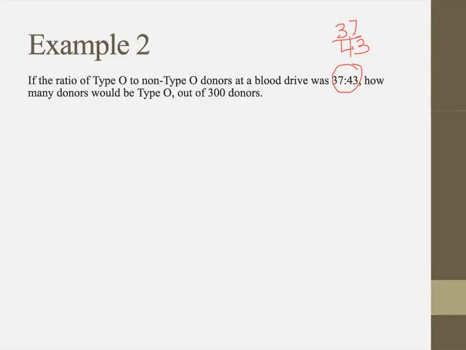First, we know that we have type O donors. Okay, and then we need to find our total donors. Well, we know that we have 37 type O donors, and we know that we have 43 non-type O donors, but we have to combine the 37 plus the 43 because that'll give us our total.